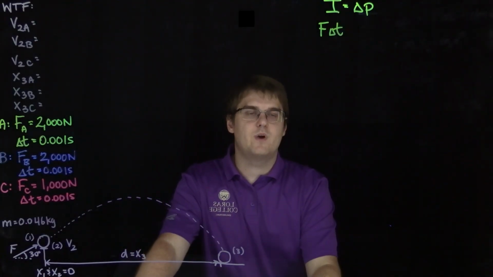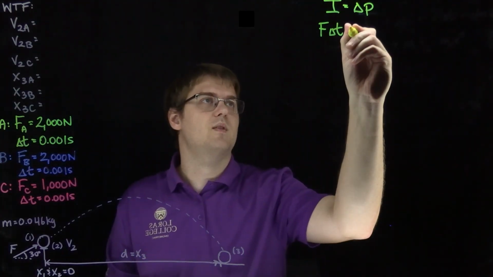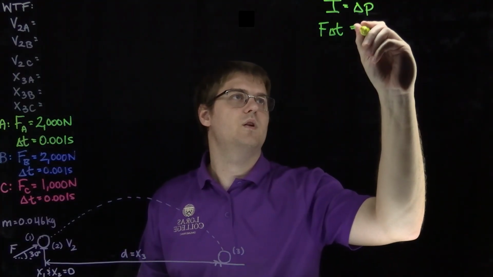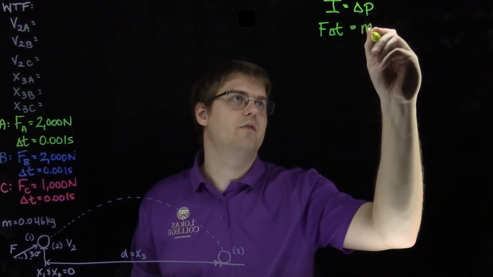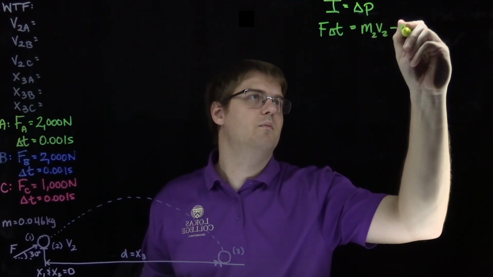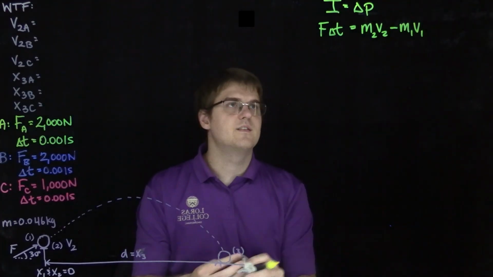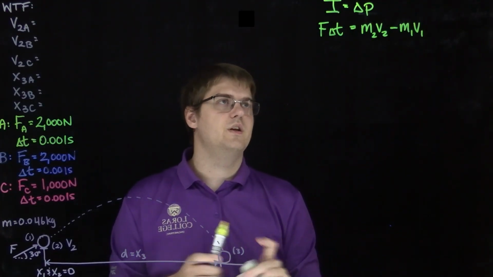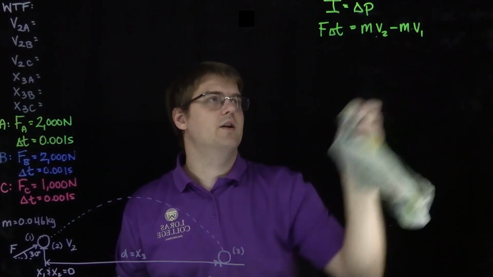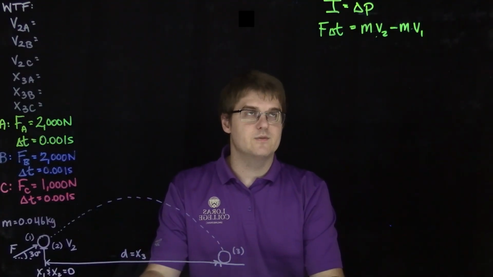So anytime I have to write my I, I'm normally just going to immediately write force times delta t. And momentum is mass times velocity. So change in momentum is mass at 2 times velocity at 2 minus mass at 1 times velocity at 1. In this case, I can go ahead and say my masses are not changing, so it's just my velocity changing, and there's my equation.